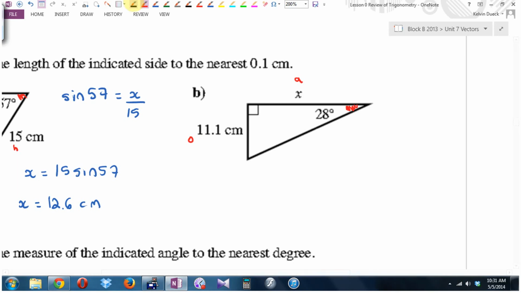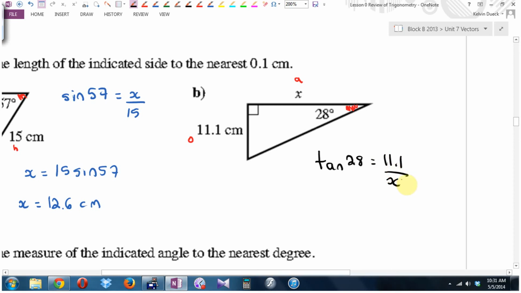Tan, what you do at the beach. What always goes next to the trig function? Equals what over what? Well, it's opposite over adjacent, specifically for this one. What over what? This time the x is on the bottom. Where was the x on the previous one? Those are the only options.